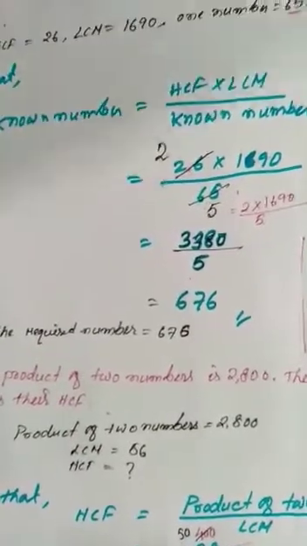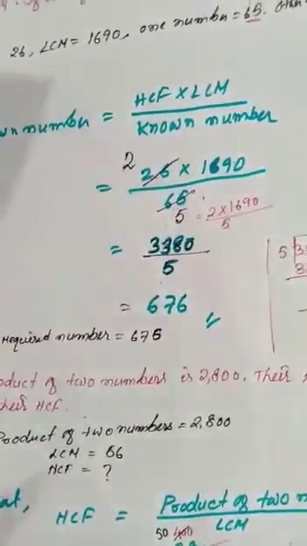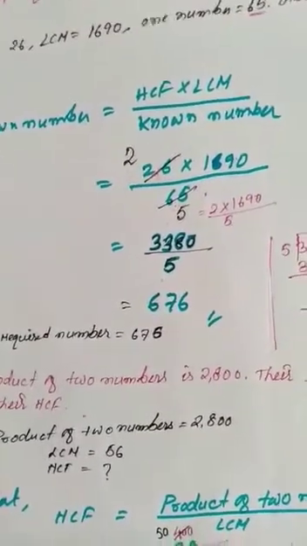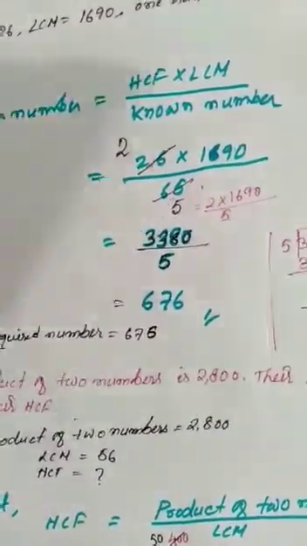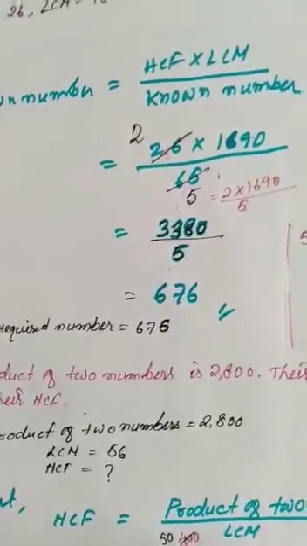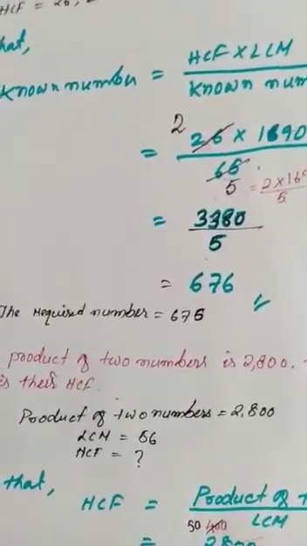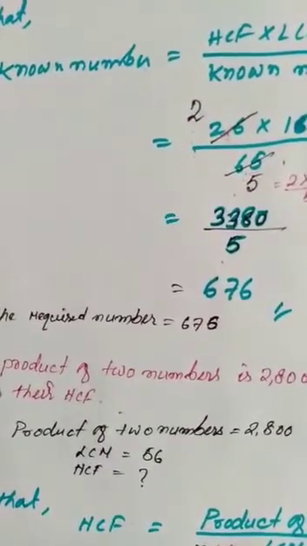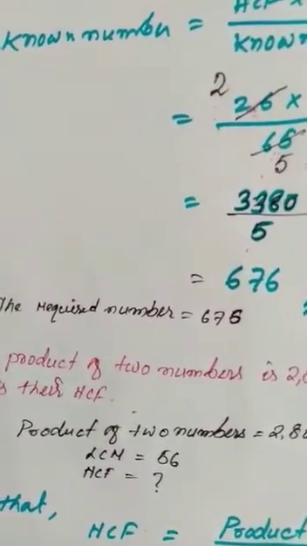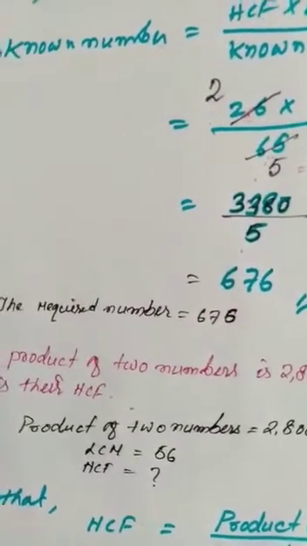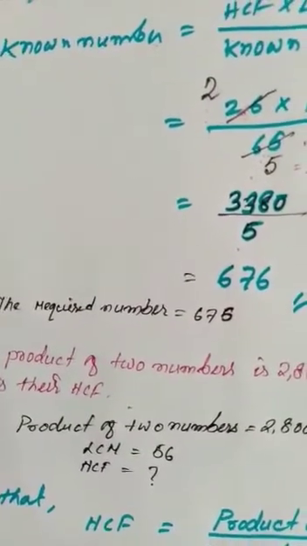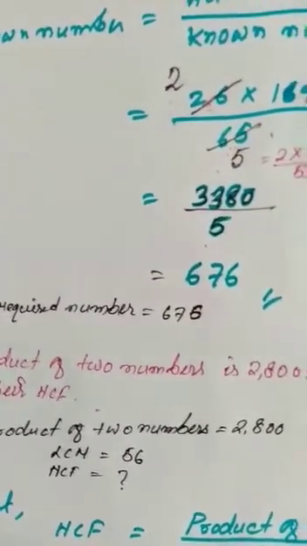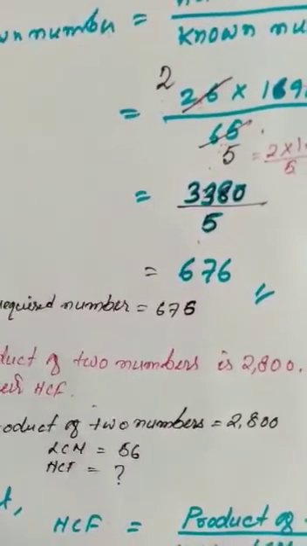Okay, and see students, now we have completed this chapter number 5, and we will just recapitulate once what we have learned in this chapter. Some things you have to remember. In this chapter we have learned about factors and multiples. What are multiples, what are factors, and what co-prime numbers and twin prime numbers are. There are also some problems related to LCM and HCF, and you have learned how to solve them.